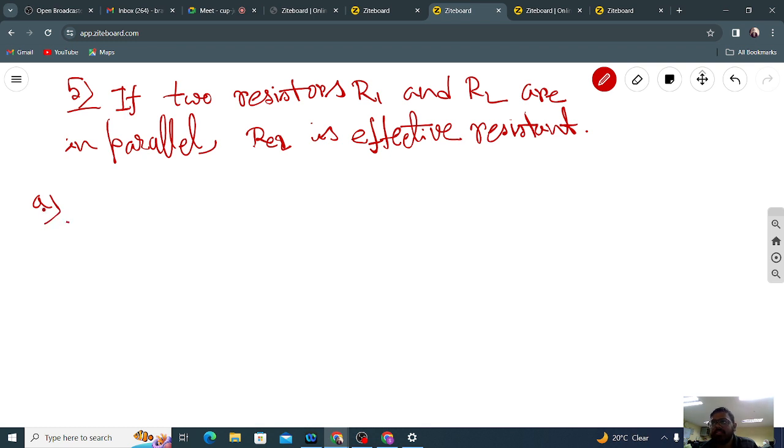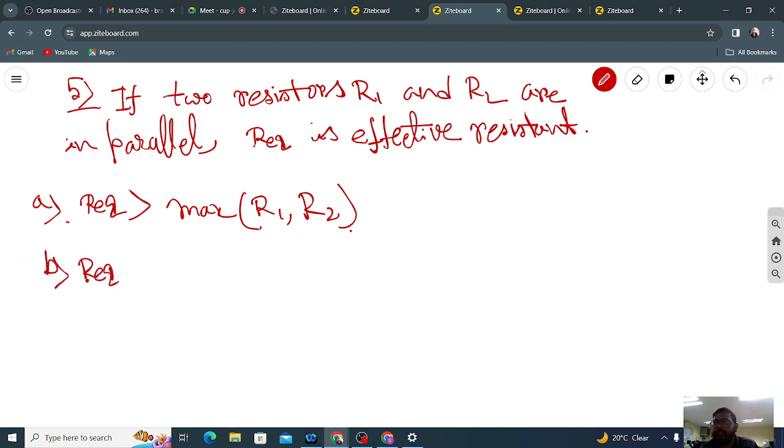First one is Req is greater than maximum of R1, R2. Option 2 is Req is less than minimum of R1 and R2.